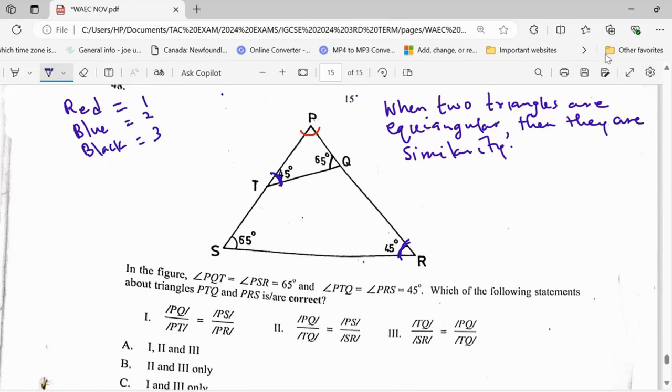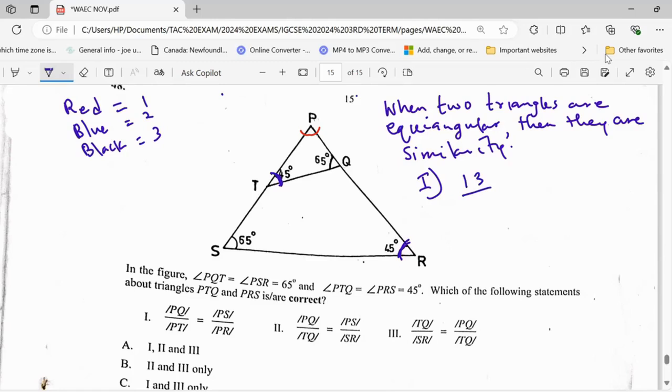So now, if you look at PQ, let's test the first one. Let's check that ratio out. PQ, that is from P to Q, is red mark to black mark. Red, that is 1 to 3. So let's call it 1, 3.